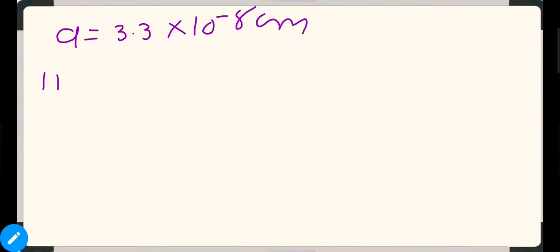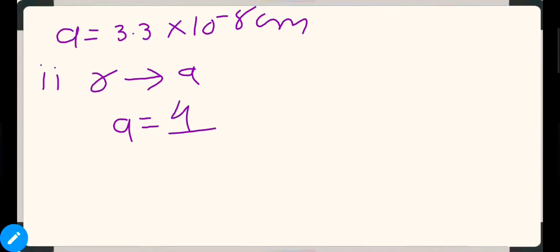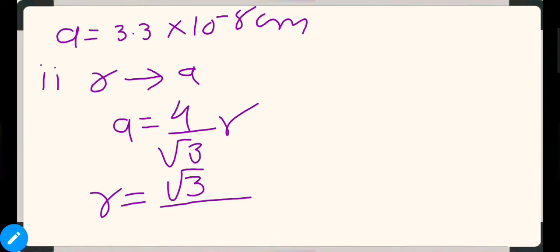Now in the second step we will find the radius of the atom using edge length. As mentioned in the numerical, this is a body centered unit cell. As we discussed in close packing structures, BCC, the body centered unit cell, has a relation of a and r: a is equal to 4 by root 3 r. So r will be root 3 by 4 a.